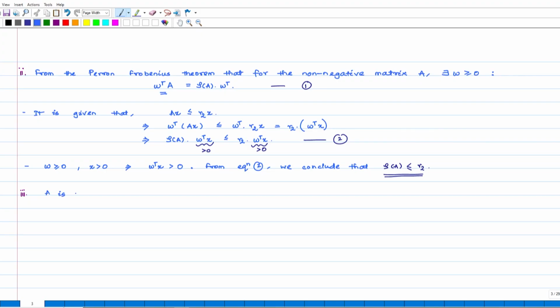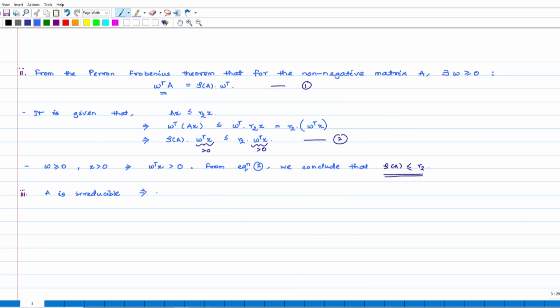A is given to be irreducible. From the Perron-Frobenius theorem, we know that there exists a dominant eigenvalue, and corresponding to that we have eigenvectors, both left and right, which are strictly greater than 0.